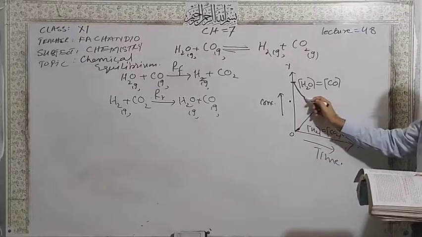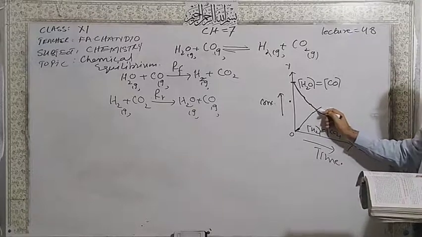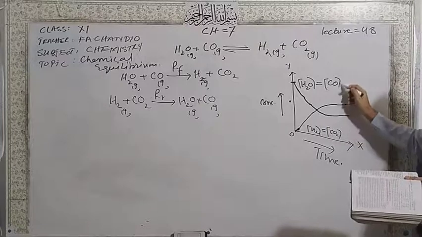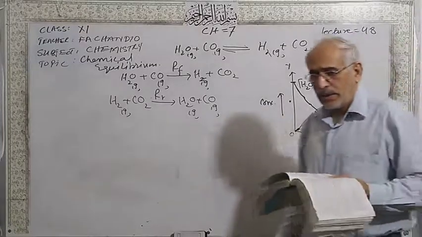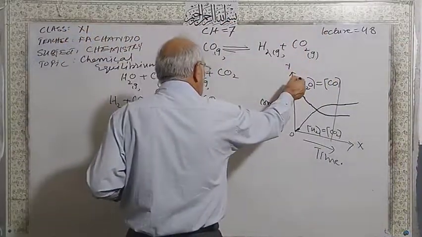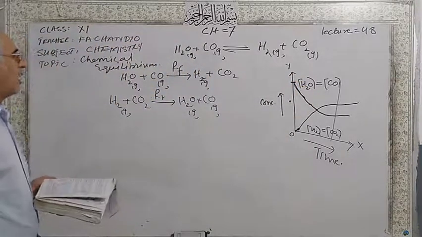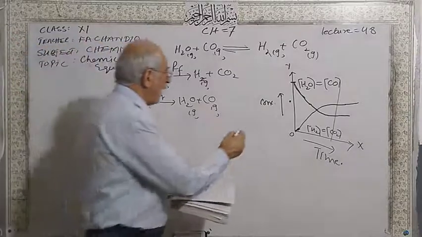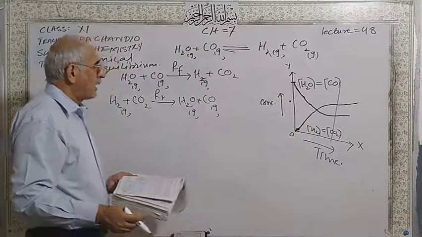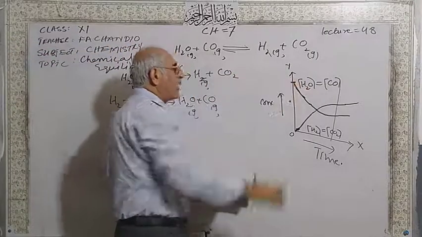This one decreases and this one increases, until they reach the point where they cross and then become horizontal, constant. Initially the graph is steeper because the concentration of the reactants rapidly decreases and changes into product, and the concentration of the product rapidly increases.